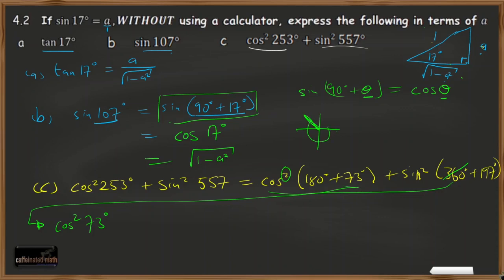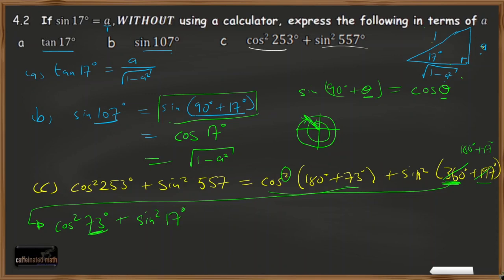If you rotate it by 360 in either direction, you end up back in the same place, and that's the algebra for that. So that's just 197, which I can break up into 180 degrees plus 17 degrees, and if we do that one, we get sine squared of 17 degrees.